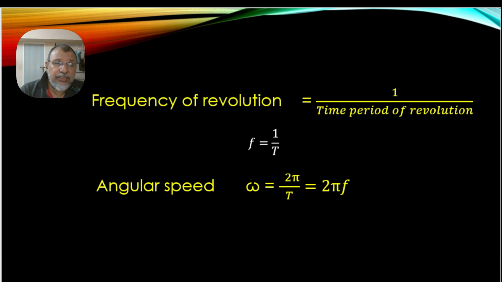Frequency is the reciprocal of the period of revolution, or you can just write f is equal to 1 over T. And we have a couple of other equations connecting angular speed, frequency and time period. Angular speed can be written as 2 pi over time period, 2 pi by T, or you can write it as 2 pi f. So, very important relationships.